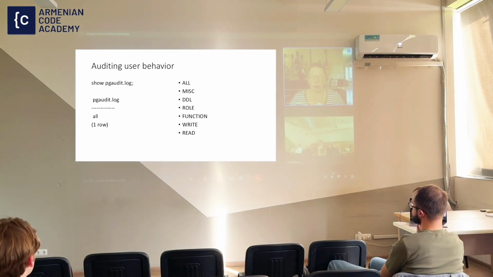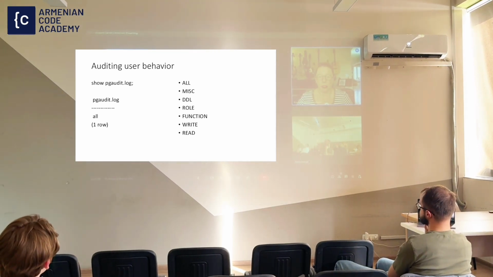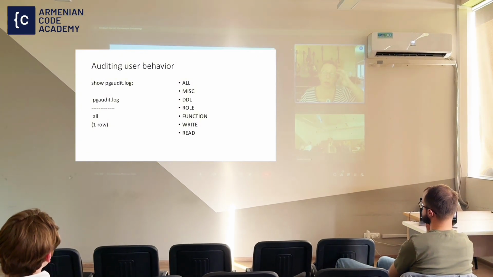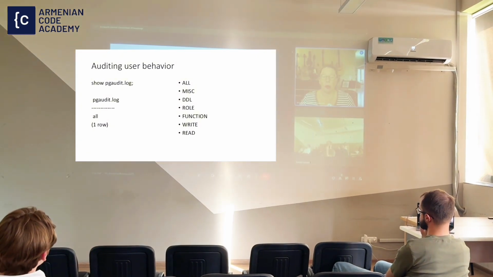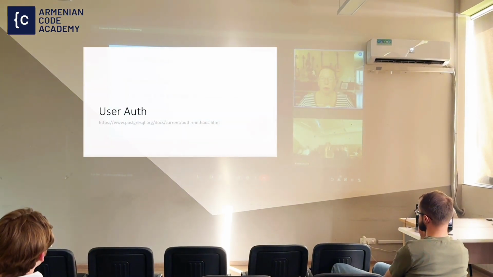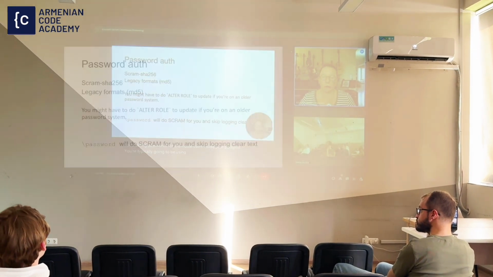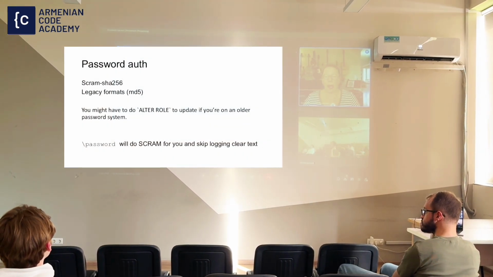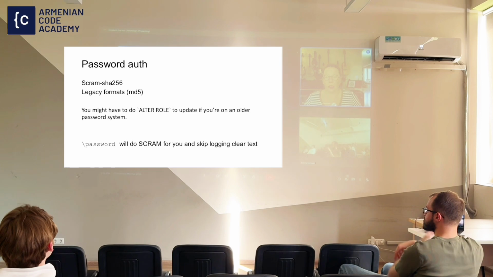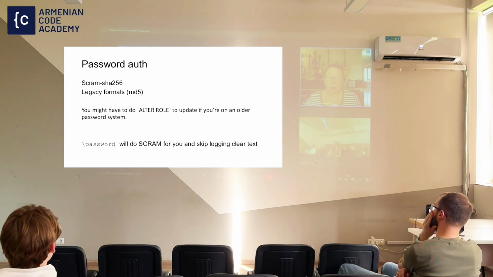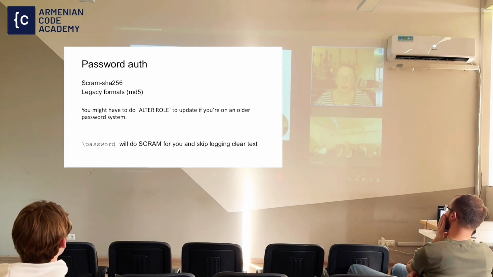Let's talk a little bit about user authentication. There are some really good docs for Postgres user authentication on creating passwords for individual users inside your Postgres. You're typically going to be using SCRAM-SHA-256. That is a way of hashing a password, and that's the standard way it's done.